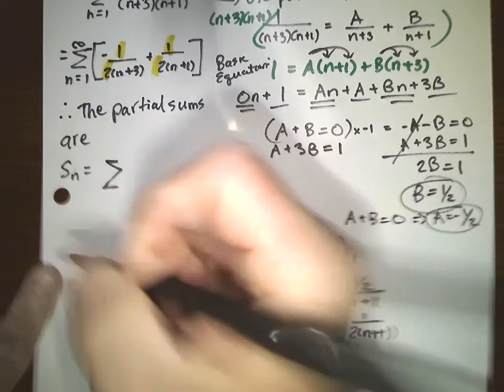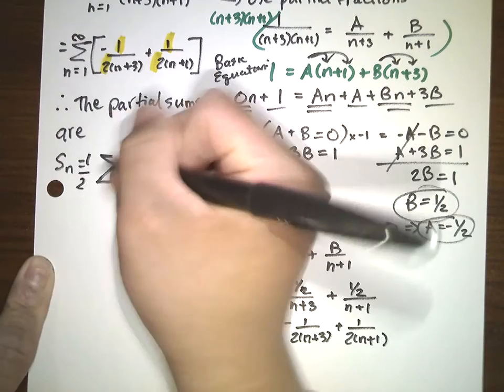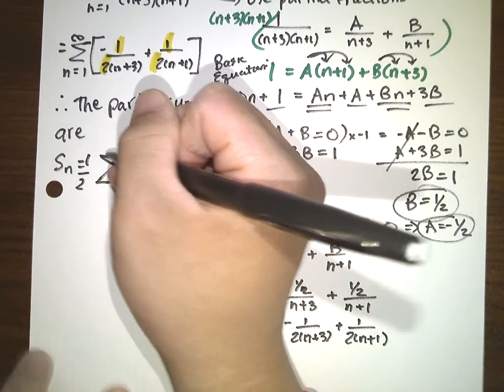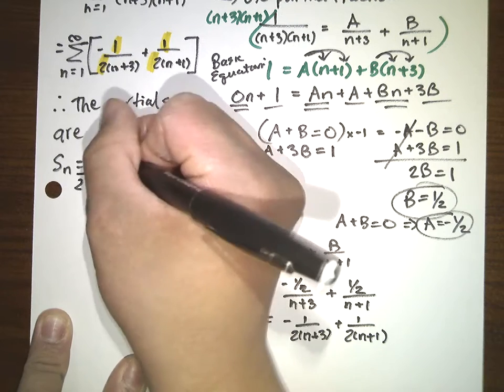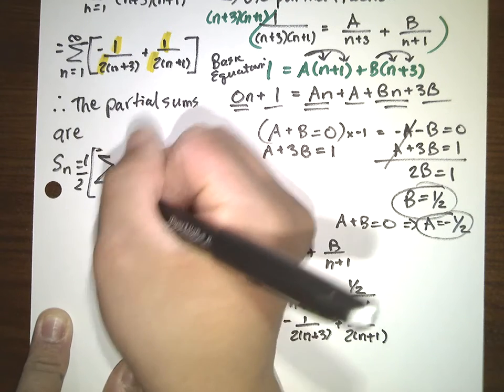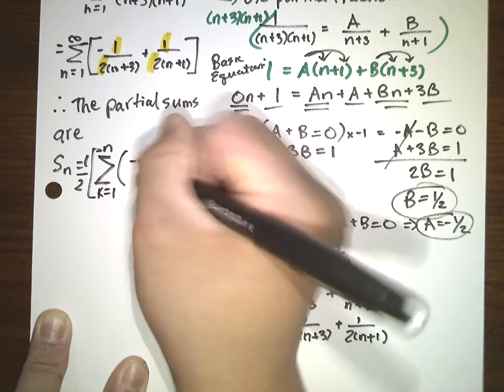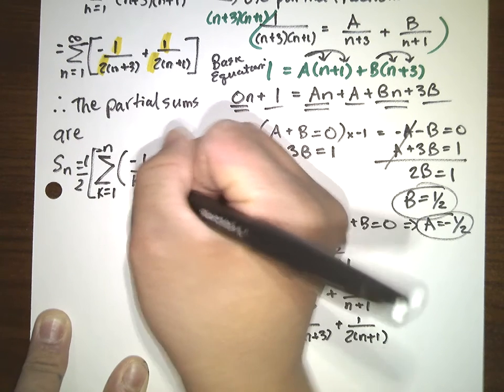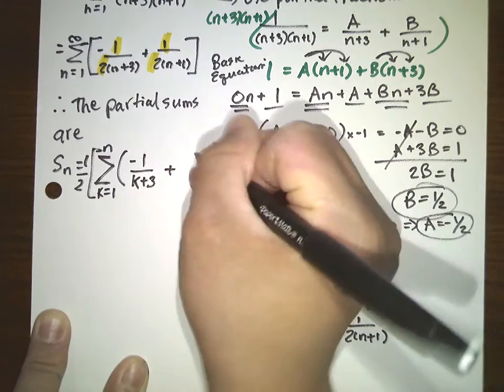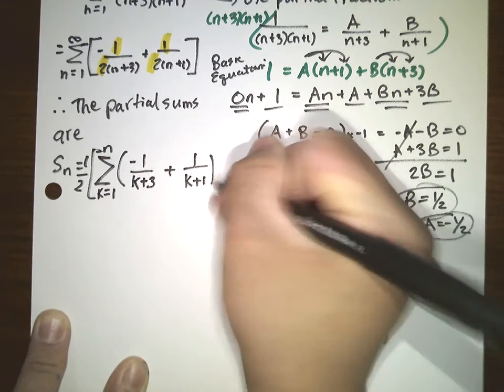All right, so 1/2 times the sum of k equal 1 to n of negative 1 over k plus 3 plus 1 over k plus 1.